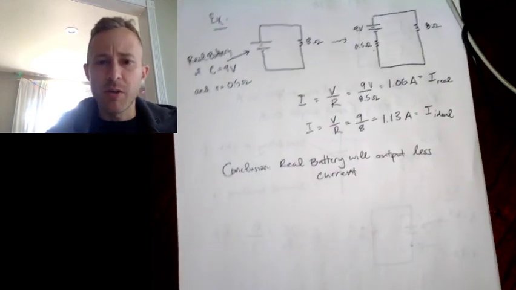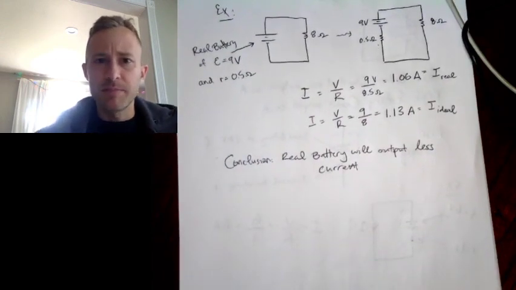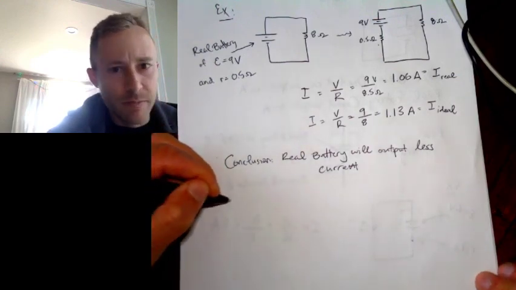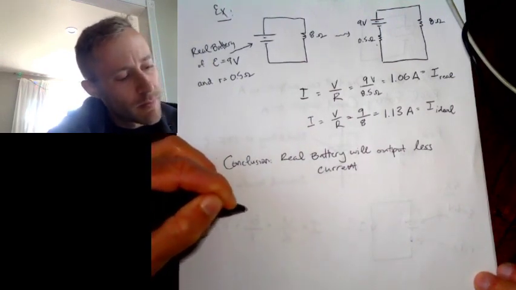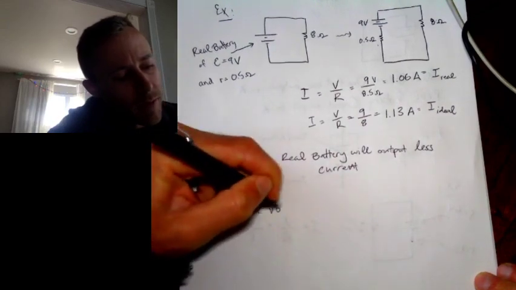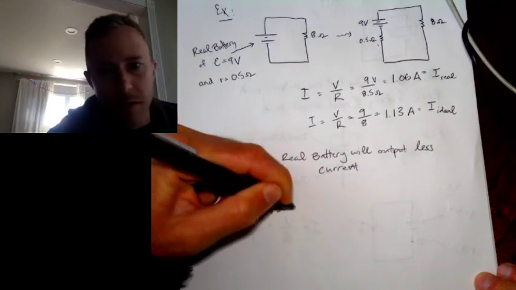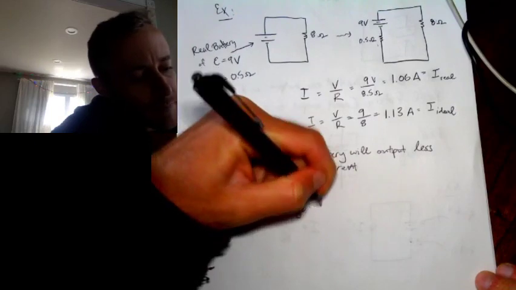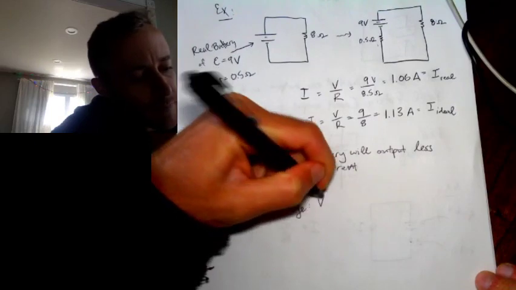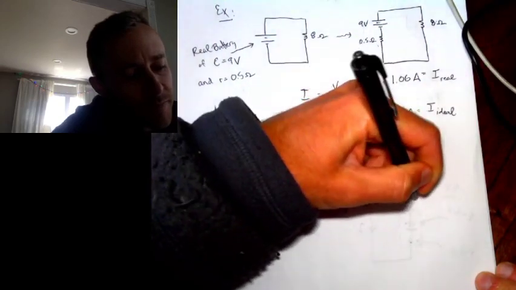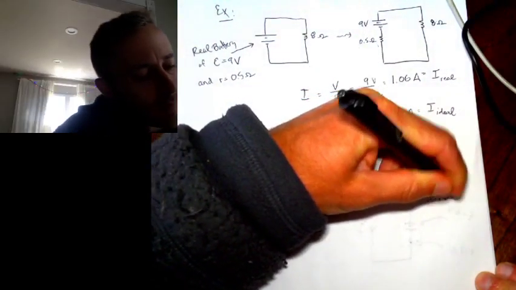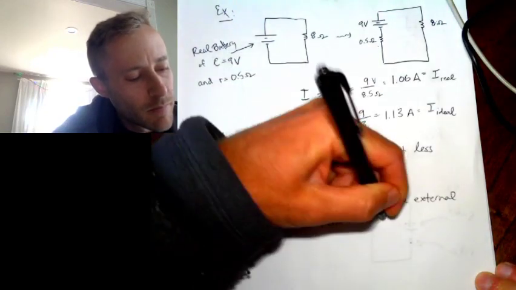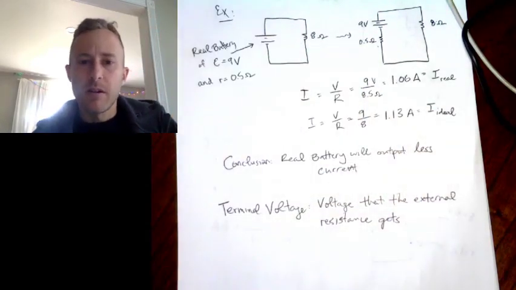There's one other thing I wanted to show you. There's something called the terminal voltage, which is the voltage that the external resistance gets. Okay?